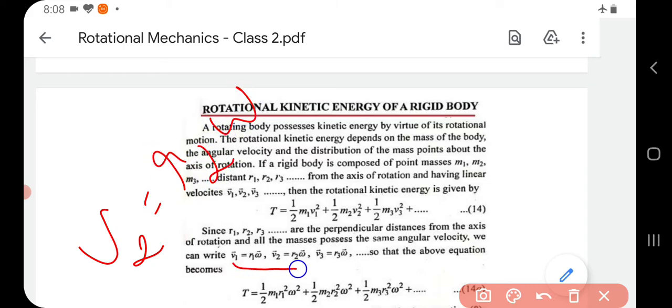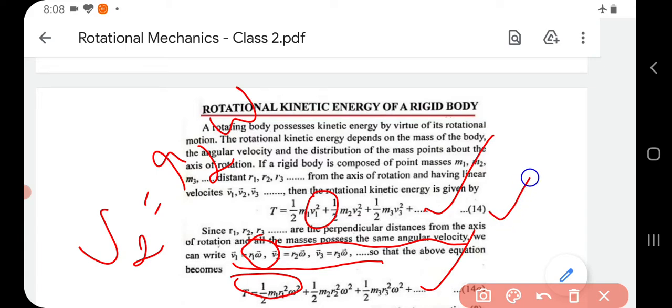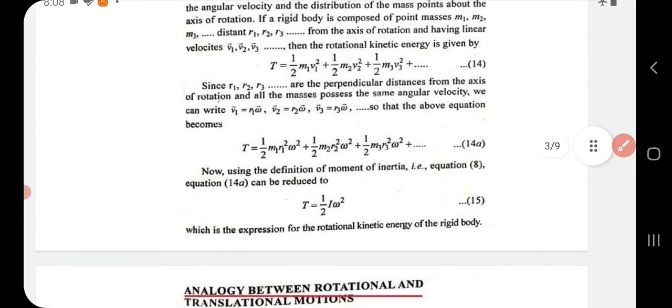Omega is the same for all point masses because all point masses possess the same angular velocity. So equation 14 can be written as half m1, instead of v1 just write r1 omega, so v1 square will become r1 square omega square. Like that you have to modify equation 14. Your equation 14 will now become 14a.